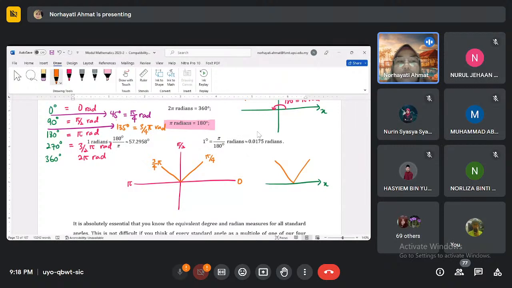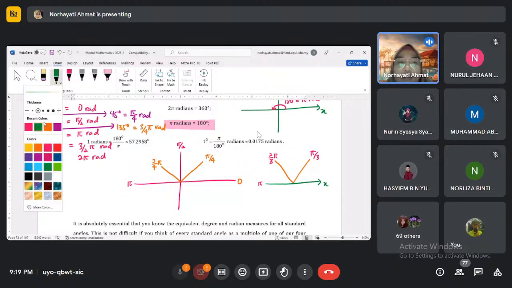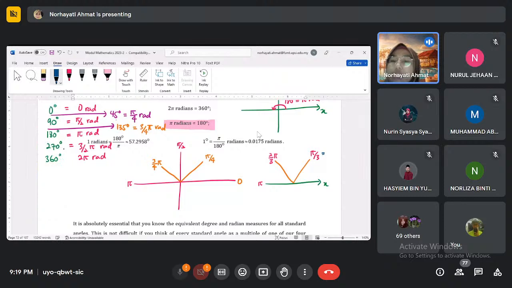Okay, so kat sini kita tahu this is always pi, right? Okay, divide by 3. So this is pi over 3. And this one is 2 over 3 pi. Okay, what is the angle in degree? What is the angle of this line, of this ray in degree? Macam ni. Okay, kita bagi pada 3. Okay, maksudnya kalau 180 divide by 3 is 60. 60, pandai.